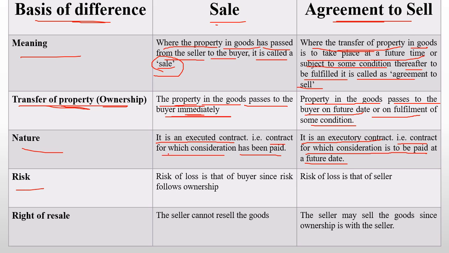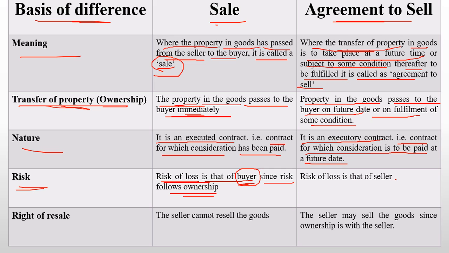Now risk involved: in sale, the risk of loss is that of the buyer, since the risk follows the ownership. Risk is involved in sale and in agreement to sell also, but who is going to bear that risk? In sale, the buyer is going to bear the risk, because the ownership is immediately transferred to the buyer.